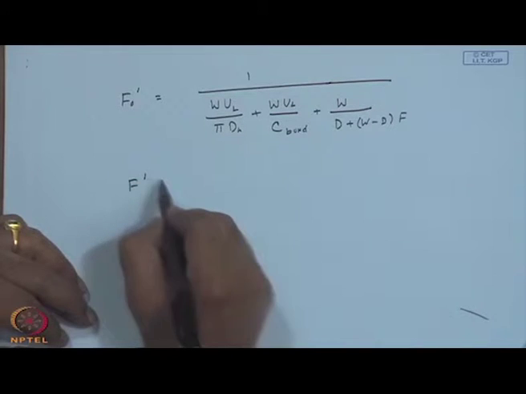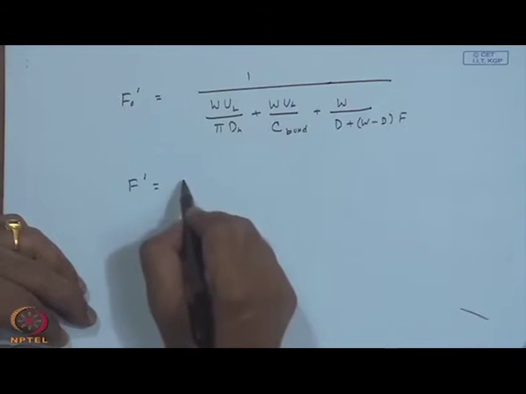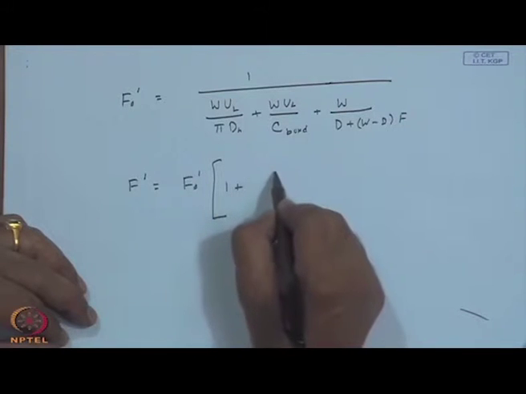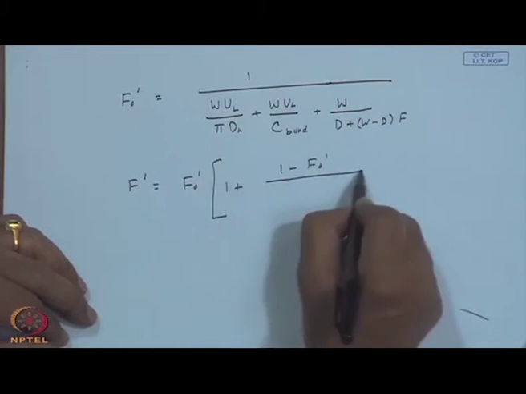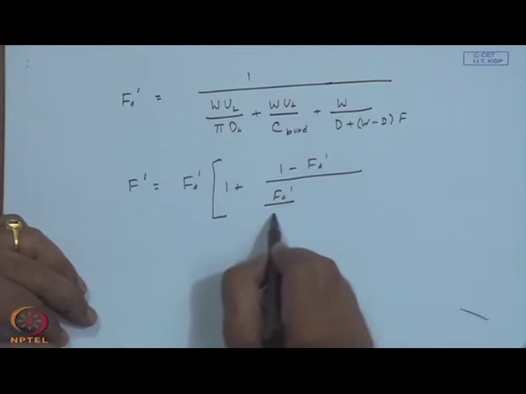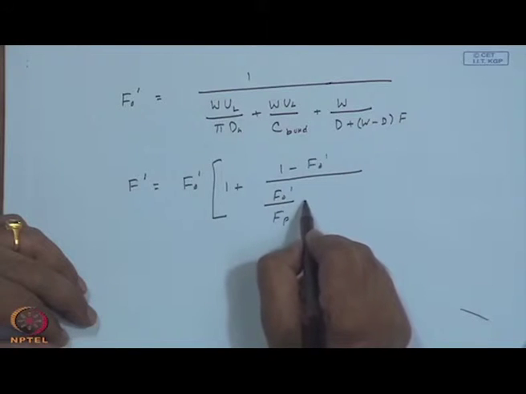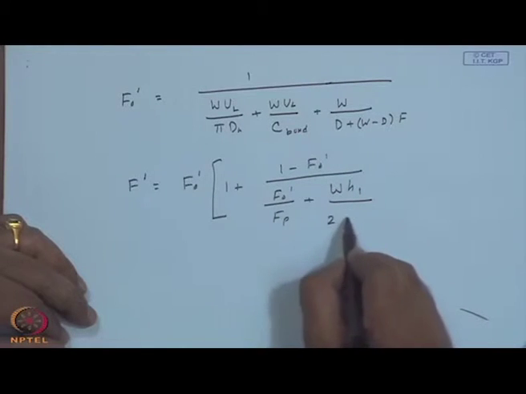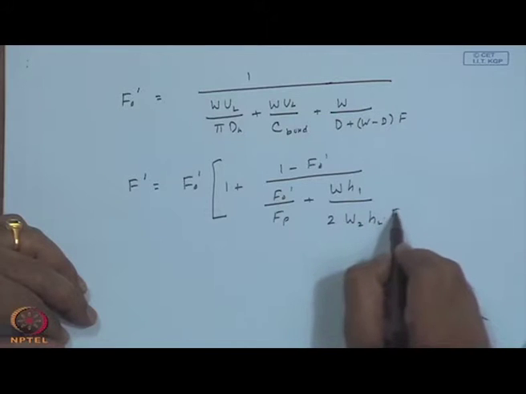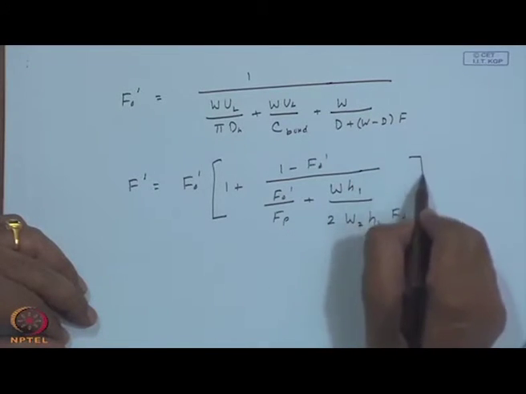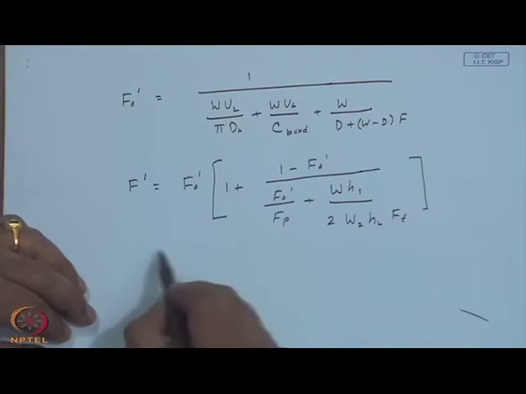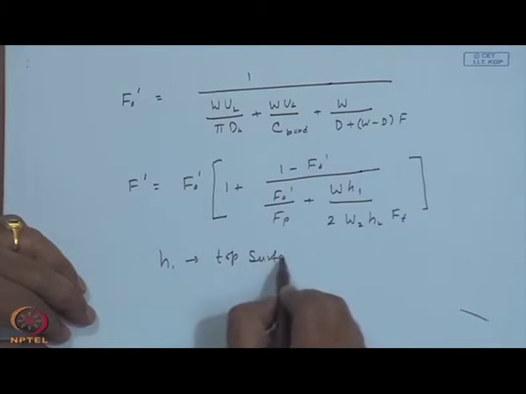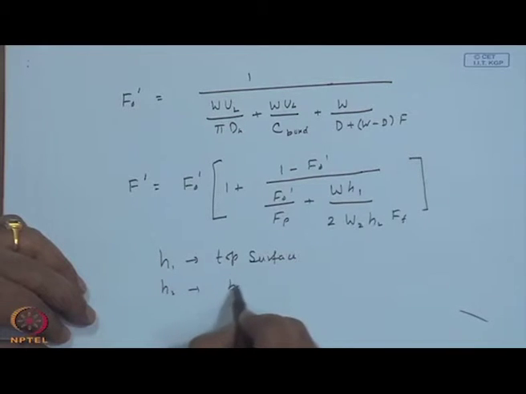Then the collector efficiency factor F dashed is in terms of the fictitious F naught dashed times 1 plus 1 minus F naught dashed by F naught dashed by F P plus W H 1 by 2 W 2 H 2 F F, wherein again the heat transfer coefficients H 1 and H 2, H 1 for the top surface and H 2 for the bottom.